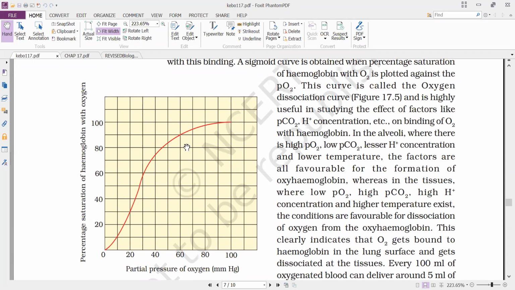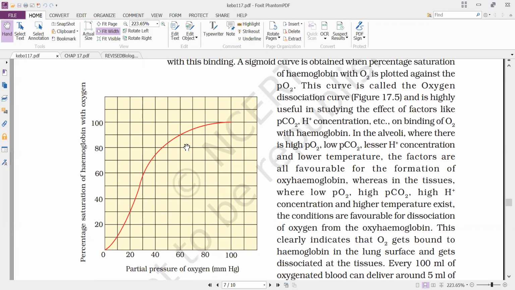So when the partial pressure of oxygen is increasing gradually, the curve will shift towards the left side, and the saturation of oxygen with hemoglobin is increasing. When the partial pressure of carbon dioxide and hydrogen ion concentration are increasing, the association of oxygen with hemoglobin decreases.